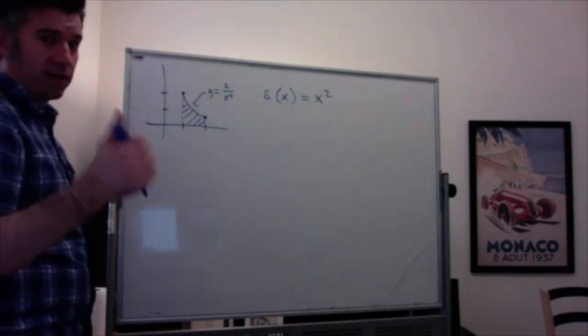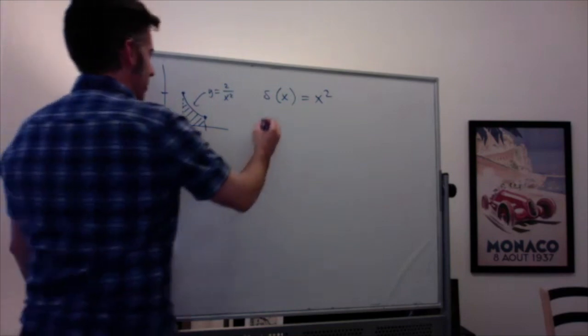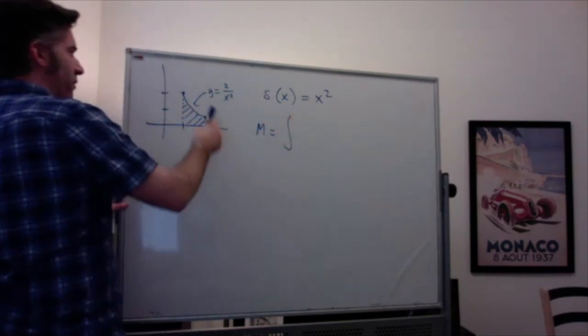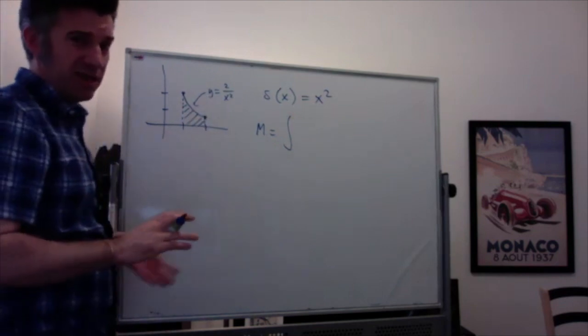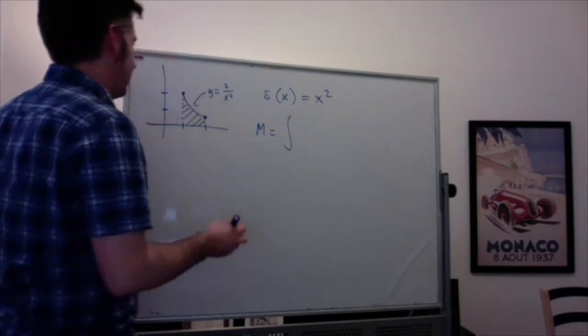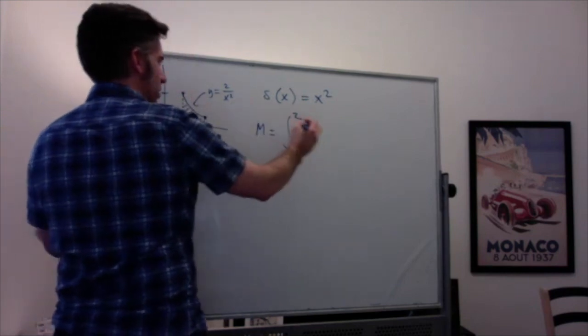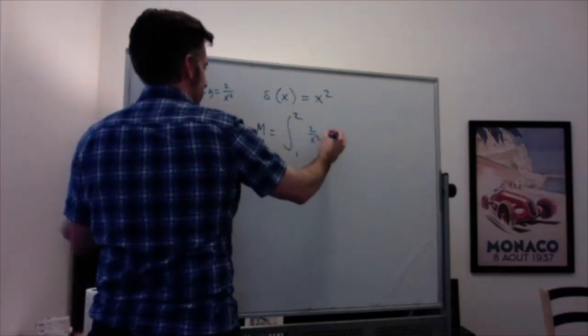All right, so we have to find 3 things. We have to find the mass, which is the integral of the function. So this one's also nice because the bottom function is 0. So the mass is just the integral of this function times the density.